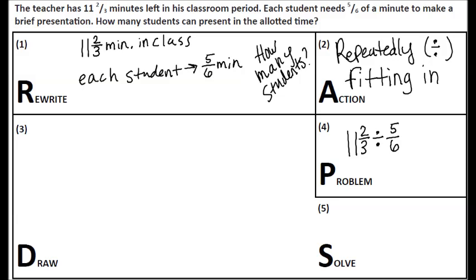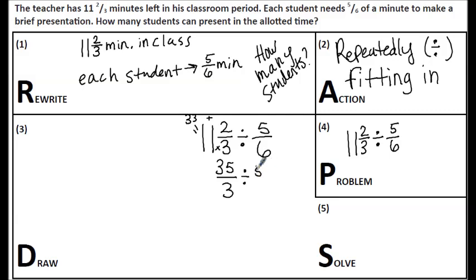And we can start off by drawing a picture, or we could start off by just doing the problem. So let's try to do the problem first and verify it or check my answer with a picture. So I need to change both of these into fractional form. 11 times 3 is 33, and 33 plus 2 is 35.